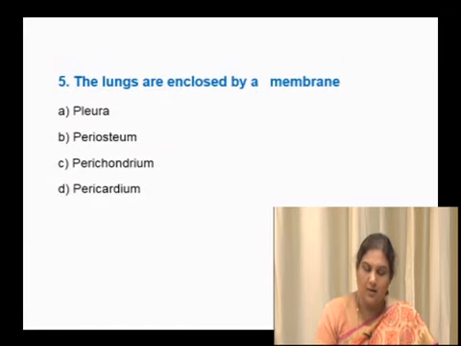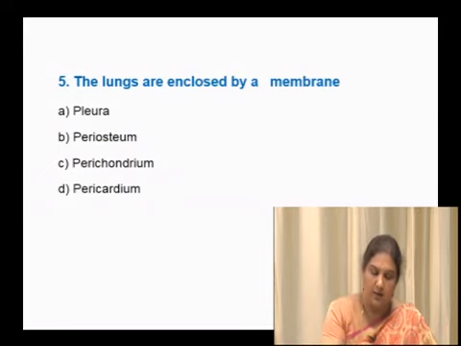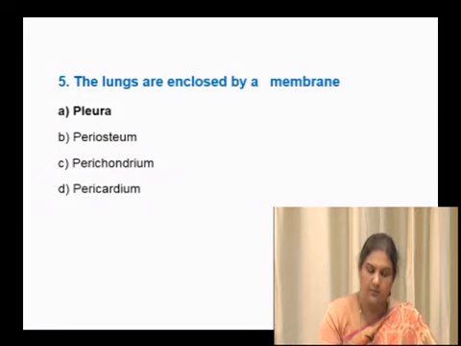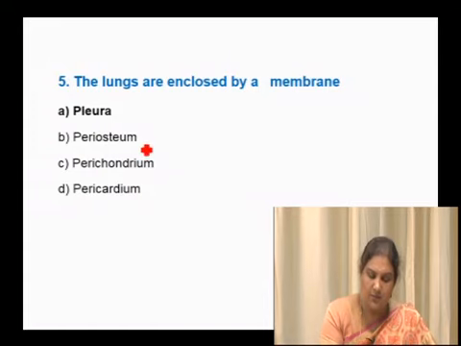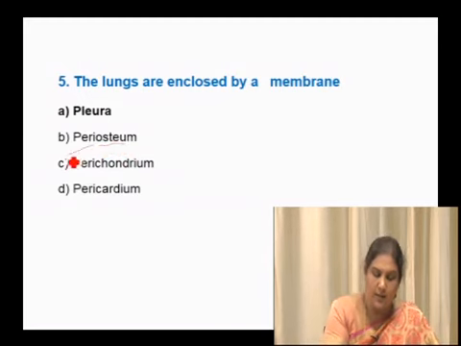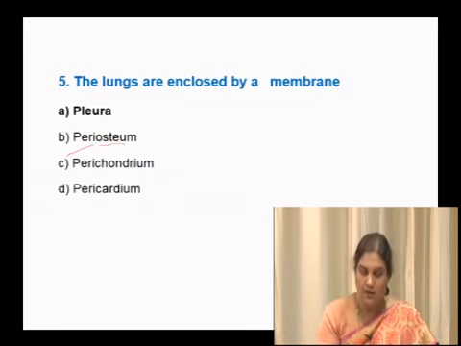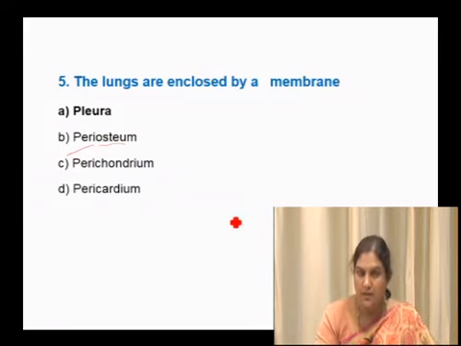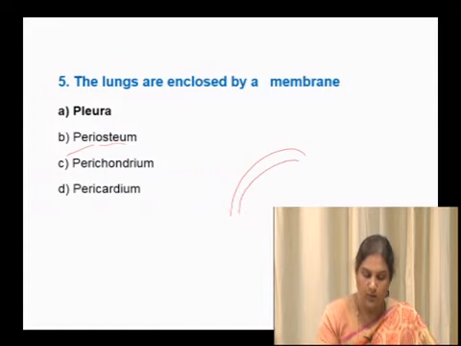The lungs are enclosed by a membrane called pleura. How about this? Periosteum. Every organ is given a protective covering. Wherever we come across the word osteo, it refers to bone. Peri refers to the surroundings. So, periosteum is a connective tissue that surrounds the bone.